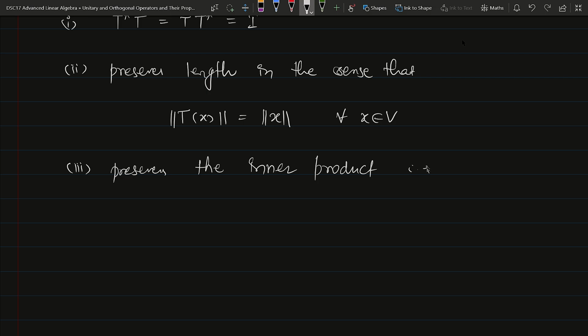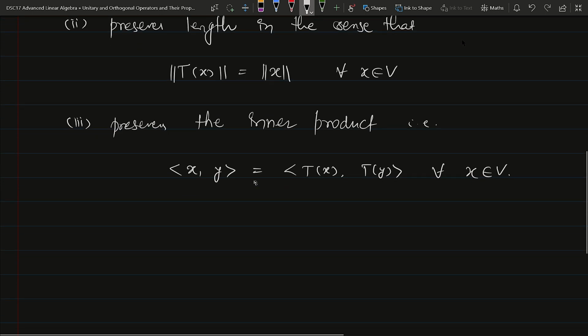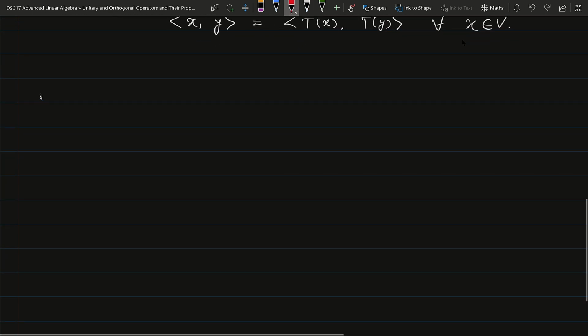That is, if we identify the inner product between x and y, that is the same as the inner product of their T images, that is <x, y> = <Tx, Ty>, for all x, y belonging to V. So we are going to discuss this kind of operators in this lecture. Okay, now to define this particular kind of linear operator, let me give some definitions that will tell about the unitary and orthogonal operators.